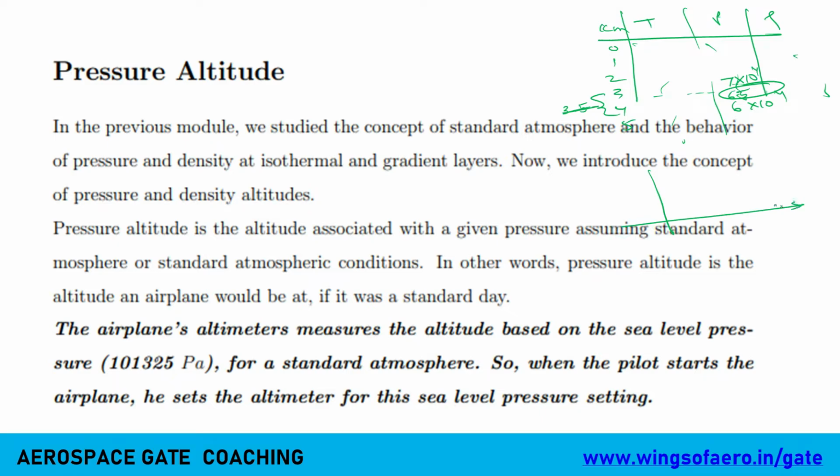So let's make it this way. As I have said, as we increase in height, the pressure also falls, right? So I can make a graph like this. This is the pressure, this is the altitude, that is defined as h. Now you have 2 points. One point is 7 into 10 power 4, and you know the corresponding height.